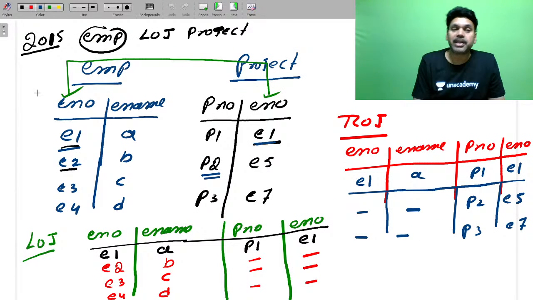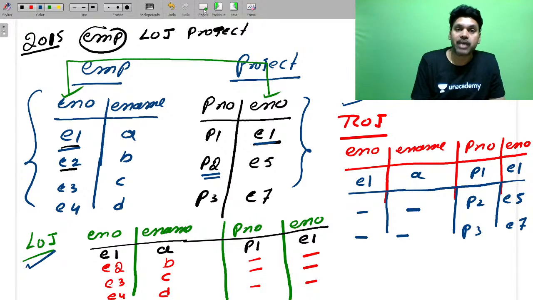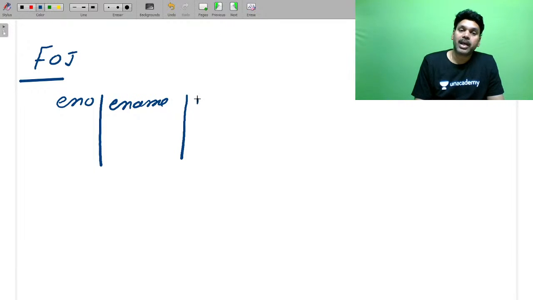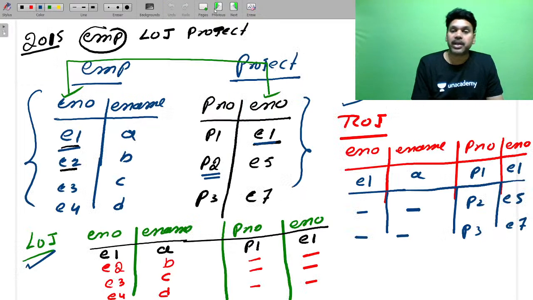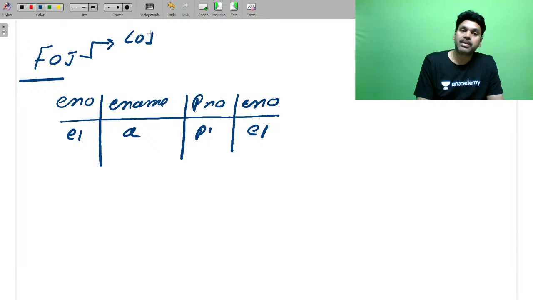So this is our table. We are asking full outer join. Already LOJ we have discussed, ROJ we have discussed. FOJ I will write. So full outer join. First common data you take. Employee number, employee name, and project number assigned to which employee number. So according to that, first guy is common everywhere, E1, A, P1, E1. Okay. Now you need to write LOJ first, plus you need to write ROJ.